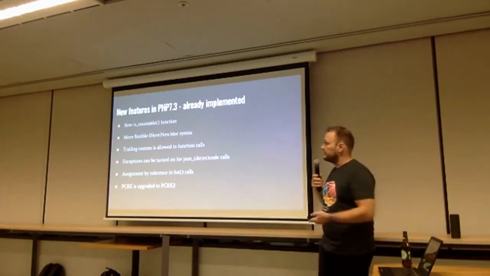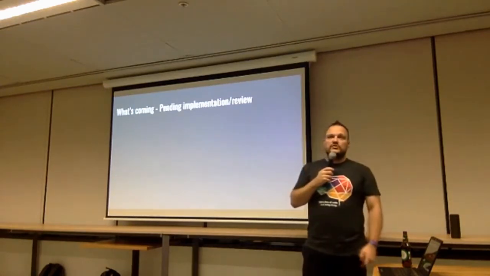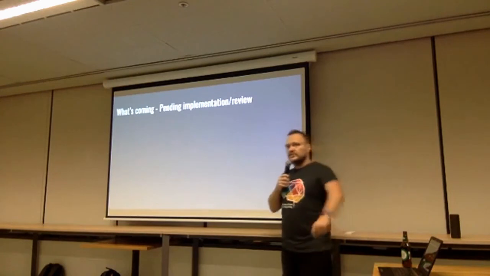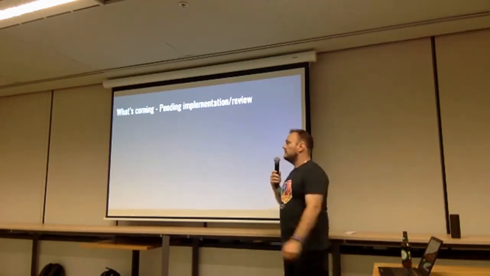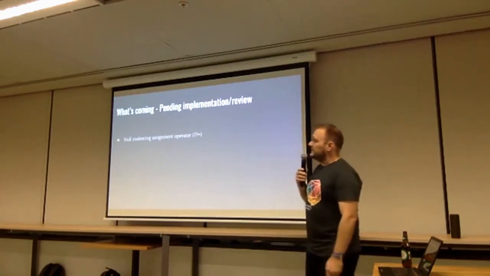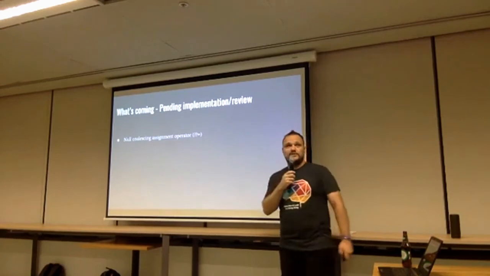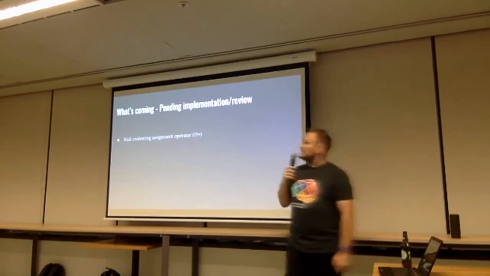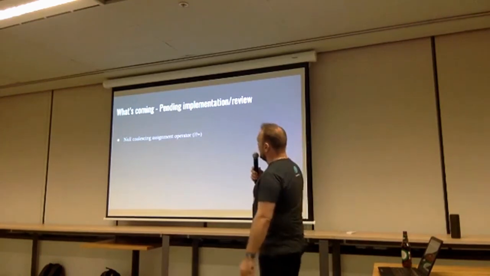That's pretty much it. That being said, there are some changes which are currently proposed. They have already passed voting and are being implemented. There are pull requests already for that. There is a new operator coming up, which is the null coalescing assignment operator. It's kind of like a double Elvis operator, right? It looks really cool.